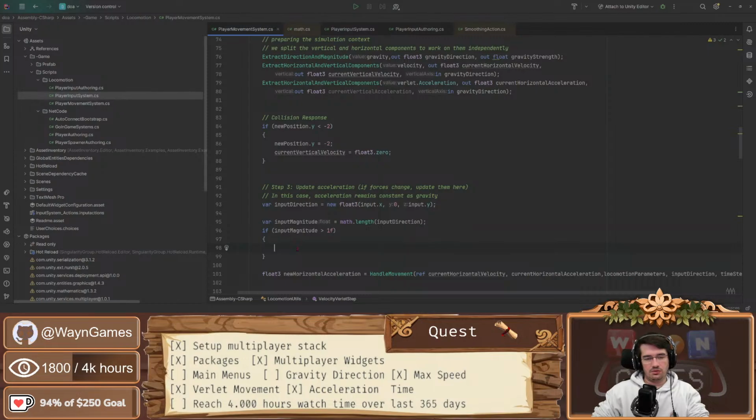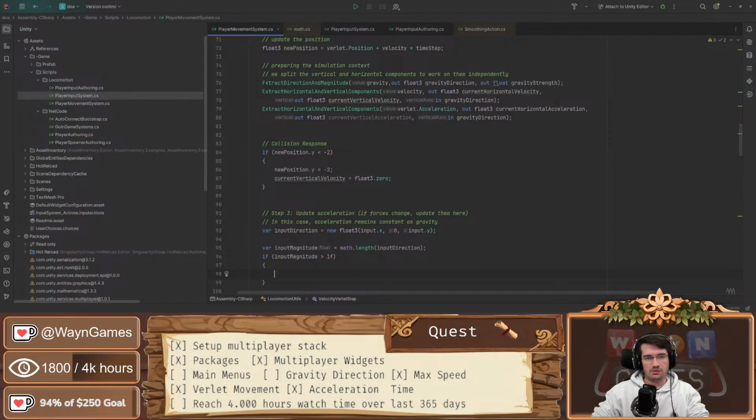And if not, okay, so I can do this on the input direction, so that's the input direction, and that's the input magnitude.